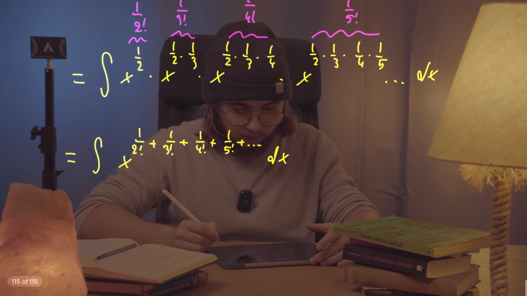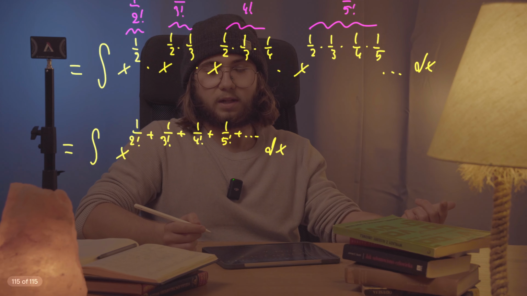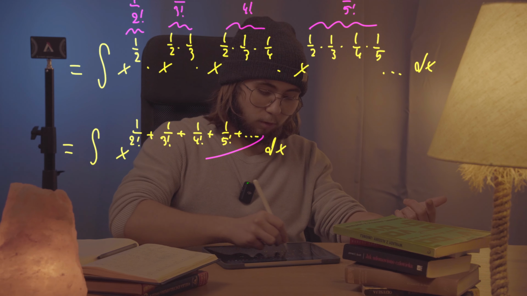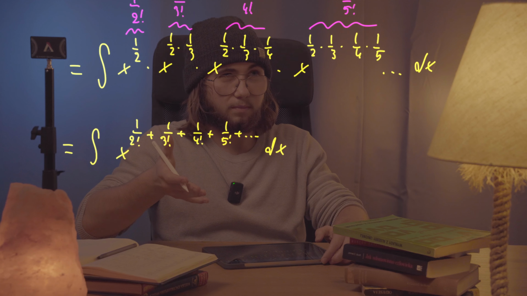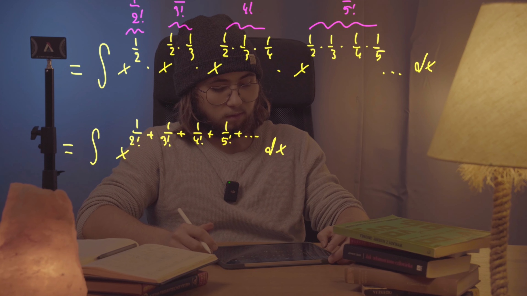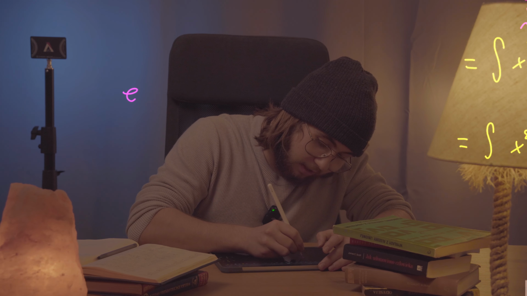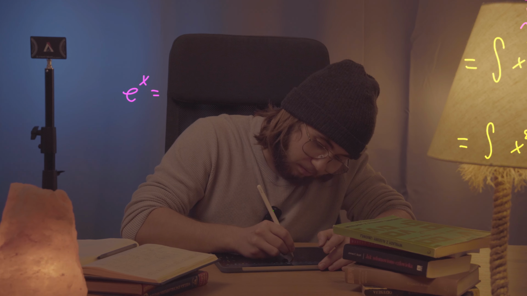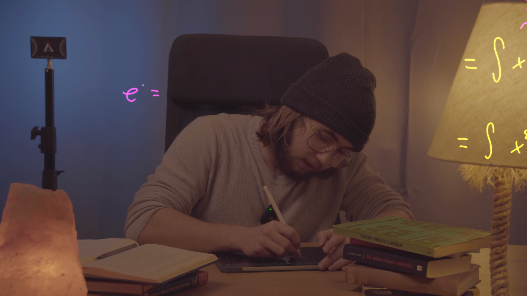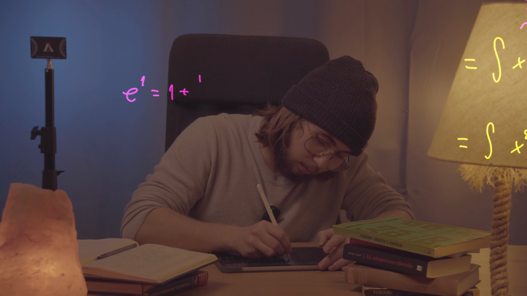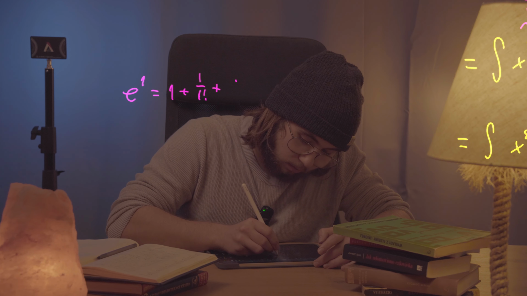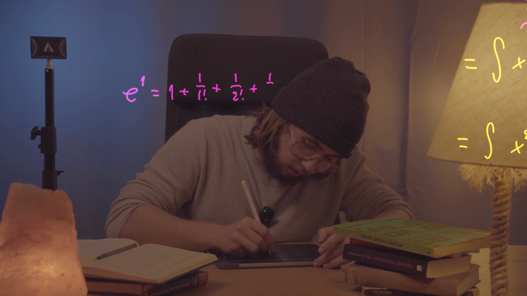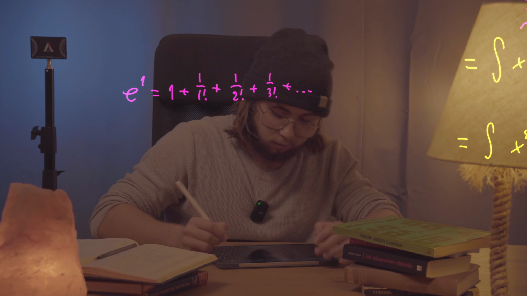If there is one sequence you should remember from Calc 2, it's this one. What is this thing similar to? The Taylor series expansion of e to the x. I will just say e to the first power is equal to 1 plus 1 over 1 factorial plus 1 over 2 factorial plus 1 over 3 factorial, and so on and so forth.